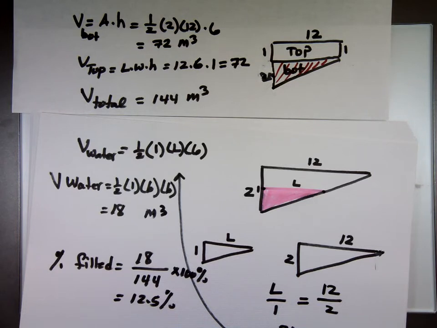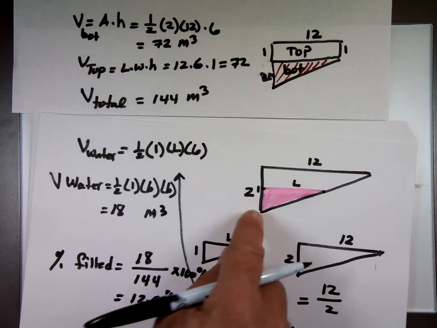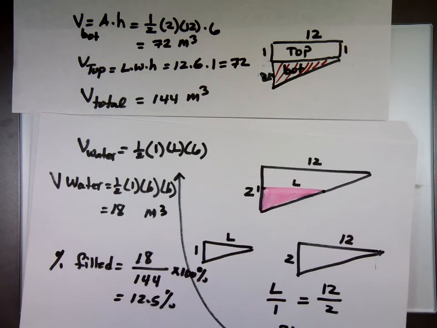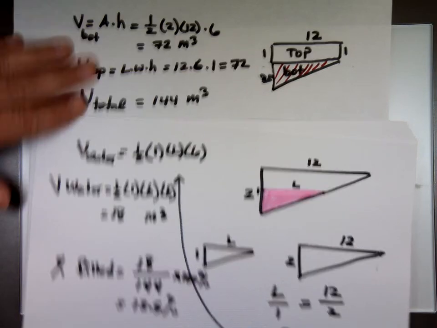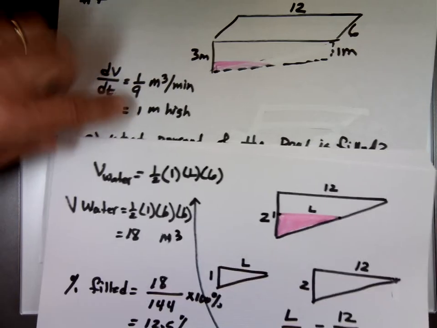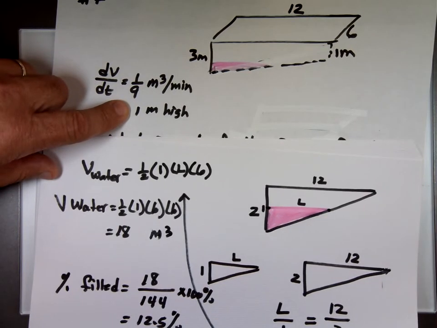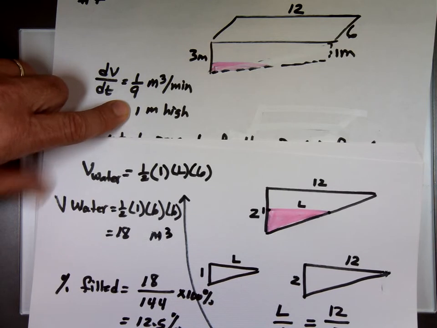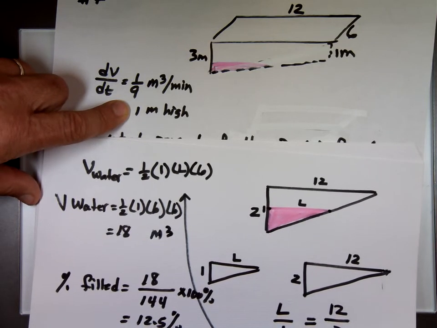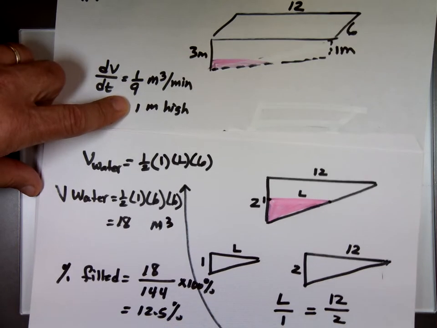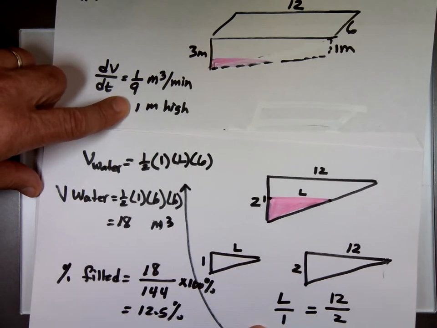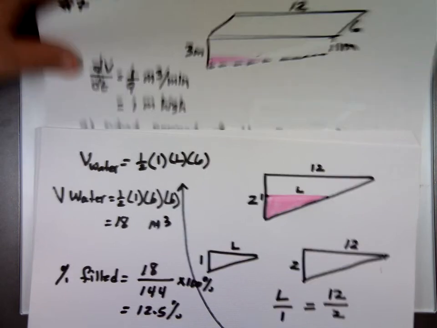At that time, they want to know how quick the water is rising. We know the rate you pour in the water. We know the volume. We forgot about that part. That was given to us. So if you look at that ratio here, going back, redo the whole problem almost.